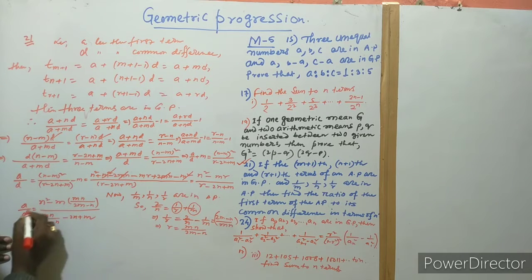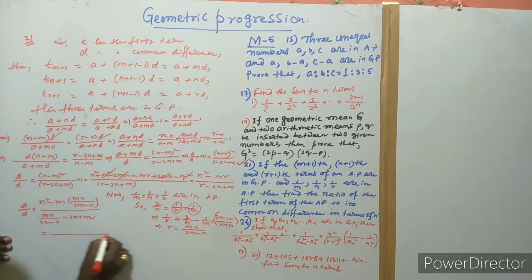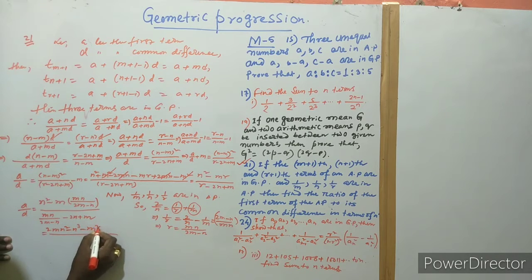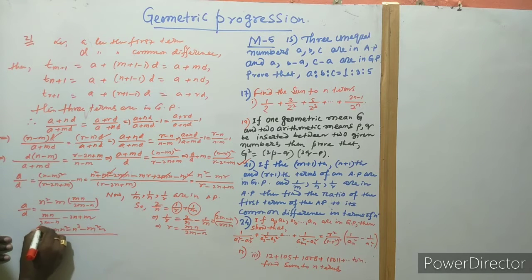Okay, and take the LCM. Then we get 2m n square minus n cube minus m square n, and now mn is also multiplied by 2m, this is 4mn.